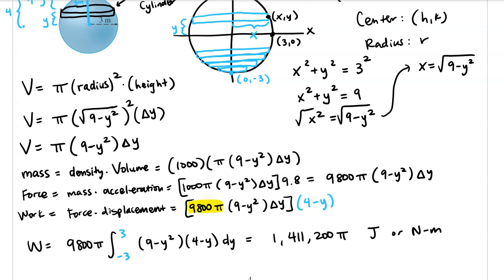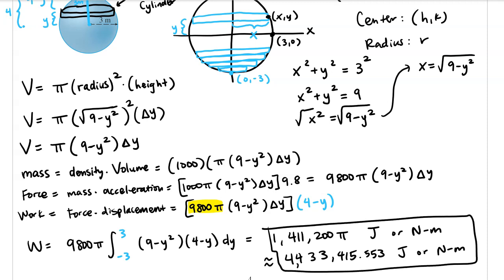And if you want a decimal approximation, this is approximately equal to, let's see, 4,433,415.553 joules or Newton meters. So here is our final answer.